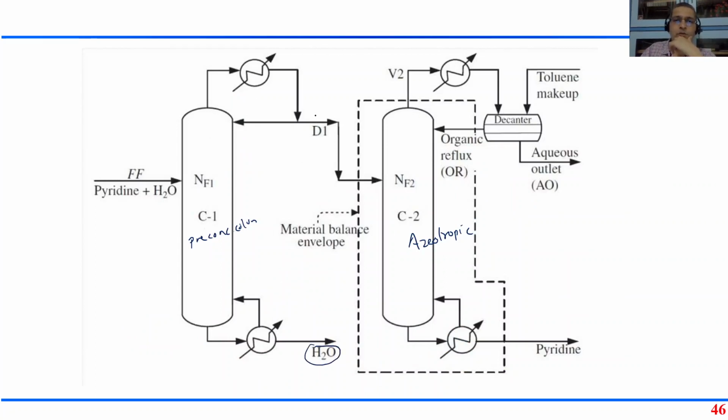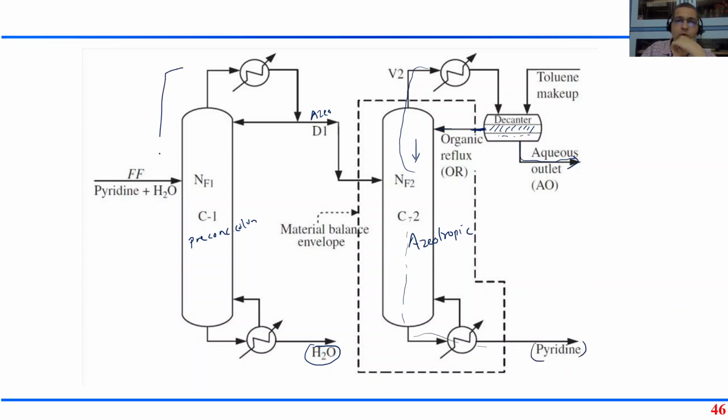I have got an azeotrope of pyridine and water at the top. Now I keep on recycling the toluene. Toluene comes from the reflux. The toluene-water azeotrope goes to the top, which separates into two phases. The organic phase containing toluene is recycled. The aqueous phase containing essentially pure water goes out. And at the bottom of this distillation column, I get pyridine.